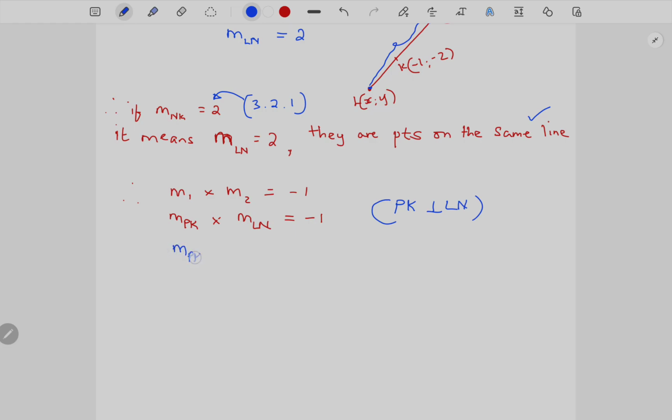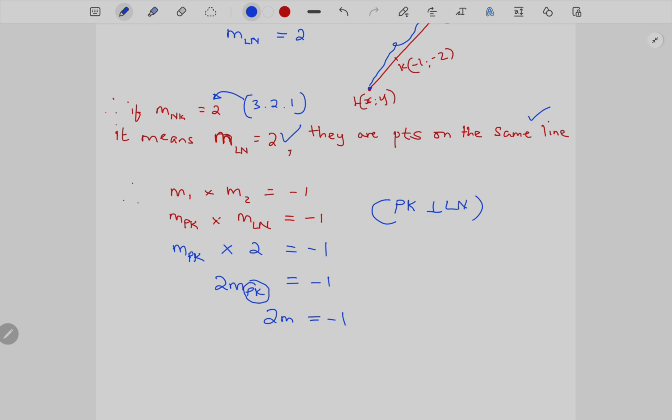The gradient of PK times the gradient of LN, which is 2, is equal to -1. Then 2 times the gradient of PK is equal to -1. So as not to be confused, we can say 2M is equal to -1.